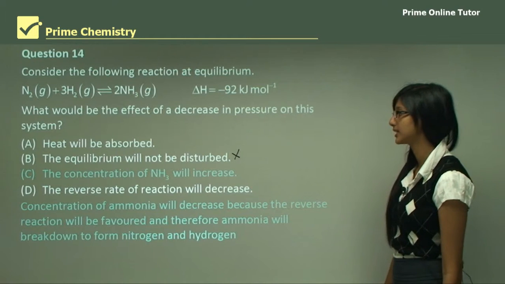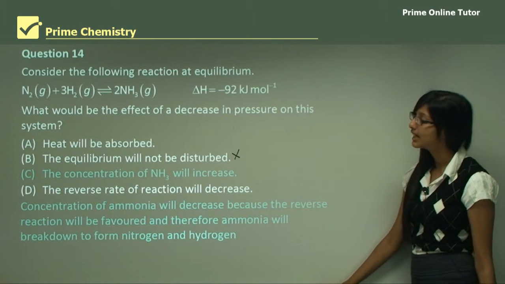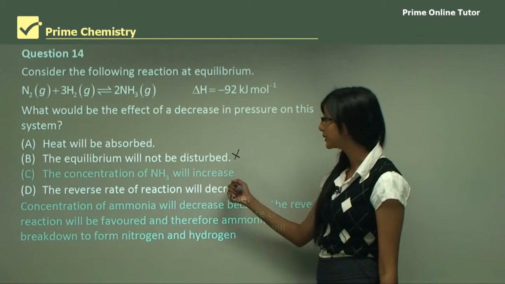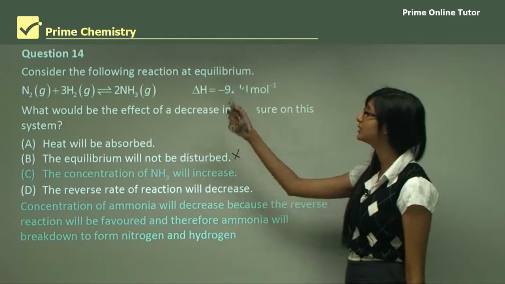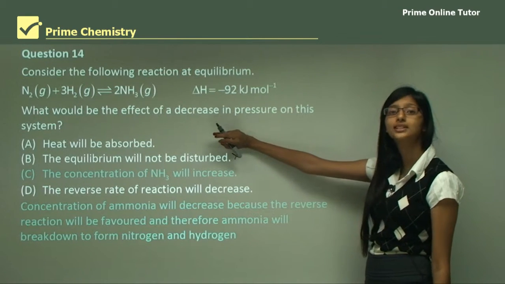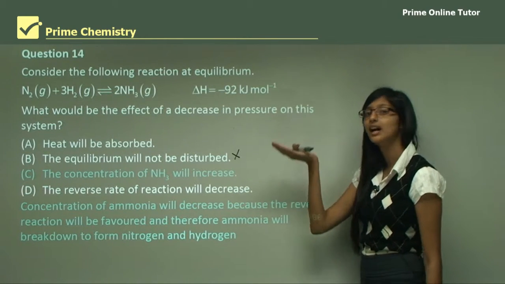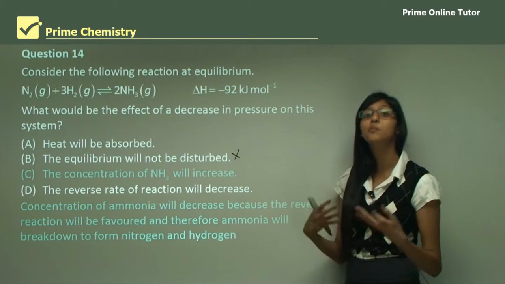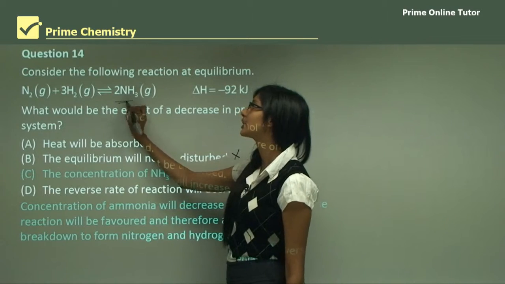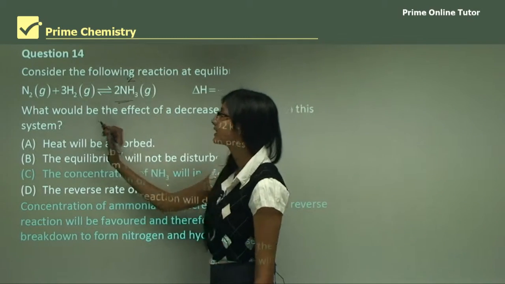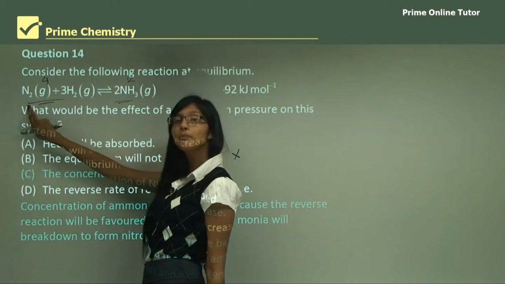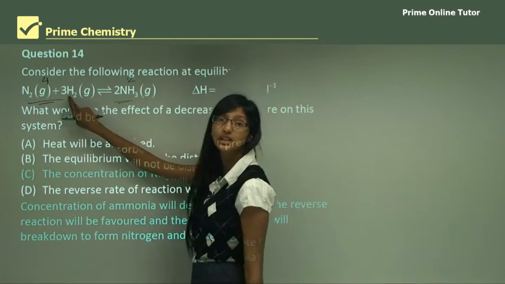Let's look at part C. C tells us the concentration of ammonia will increase. Now, in this reaction, if we decrease the pressure, the reaction will move to the side that will increase the pressure. And to increase the pressure, we need more molecules. As you can see, the number of molecules on the product side is 2, and on the reactant side is 4, because there is 1 molecule of nitrogen and 3 molecules of hydrogen.